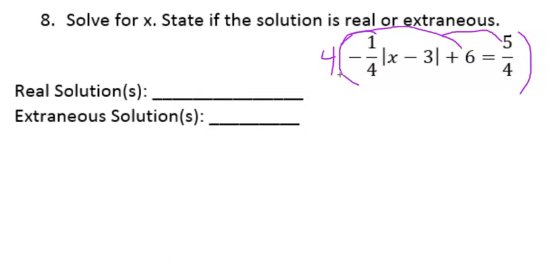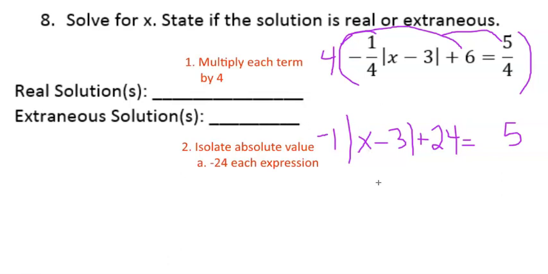So when we multiply that, we get negative 1 times the absolute value of x minus 3 plus 24 equals 5. So to isolate the absolute value, first we will subtract 24 from both sides of the equation.